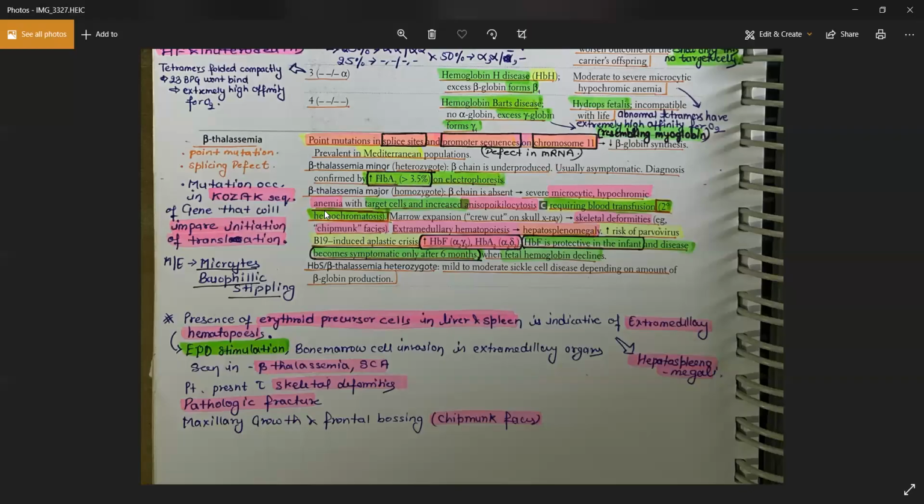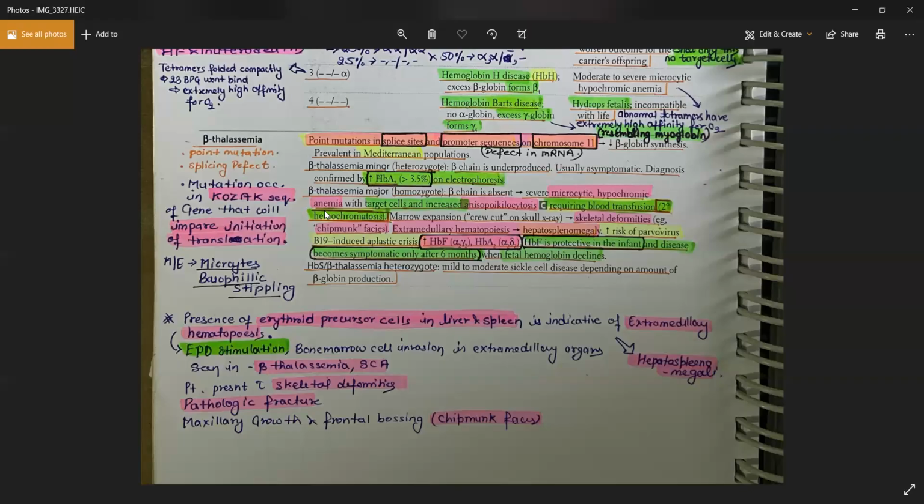Any doubts so far on beta thalassemia and alpha thalassemia? Could you please repeat the last sentence regarding the 6-month duration? See, up to 6 months you have very high fetal hemoglobin levels, the gamma chain. Only after 6 months, the beta chain will start replacing the gamma chain. And at that time, the symptoms of beta thalassemia, the fatigue, the paleness, the jaundice, the microcytic hypochromic anemia, all of these symptoms will only arrive after 6 months.